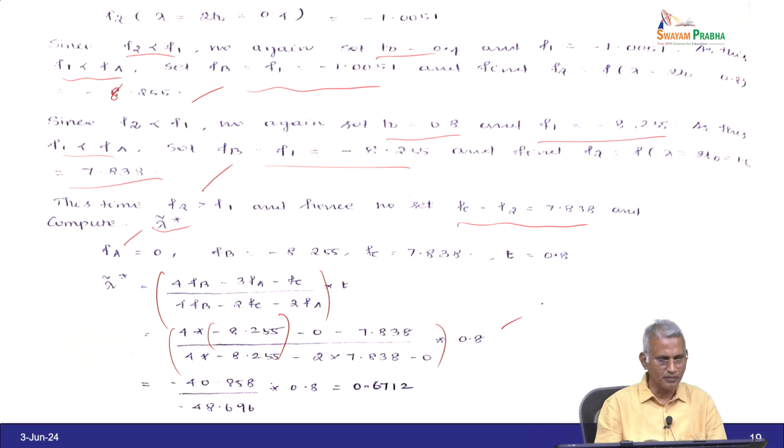So, numerator is minus 40.858 and denominator is minus 48.6986 and cancel negative into 0.8 equal to 0.6712.